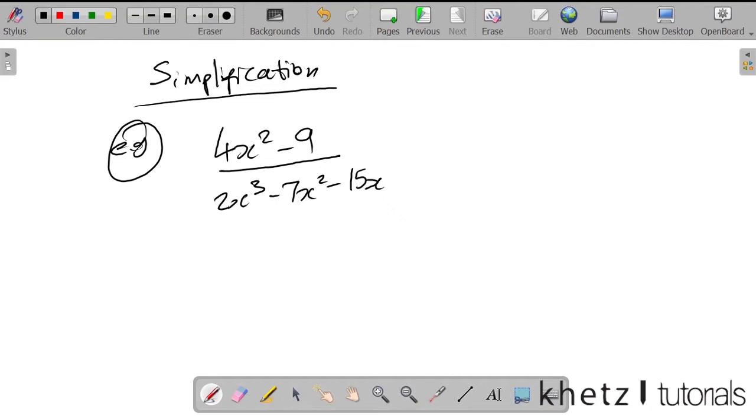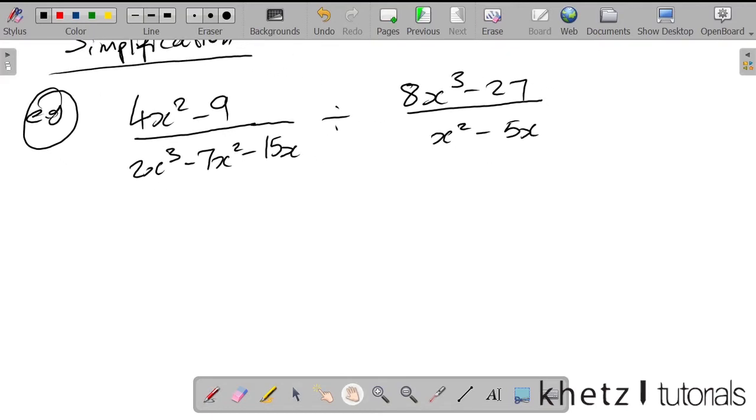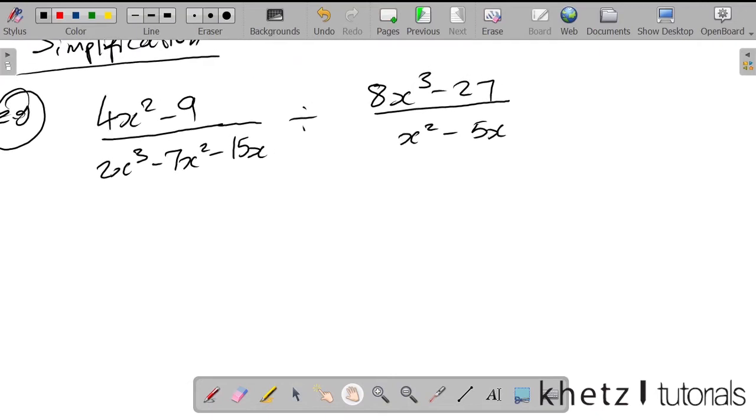Let's say given an equation like this, it says simplify: x squared subtract 5x. Now if you are asked to simplify this, the first thing that I do is to change that sign.